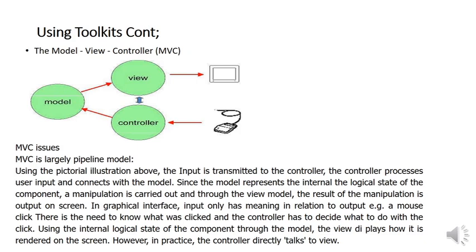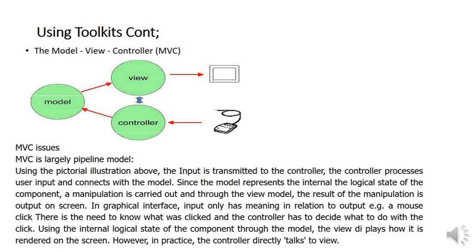Then the controller processes user input and connects it with the model. Since the model represents the internal logical state of the component, a manipulation is carried out, and through the view, the result of the manipulation is what comes to the screen.